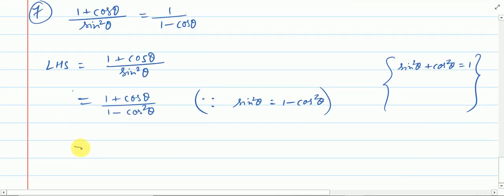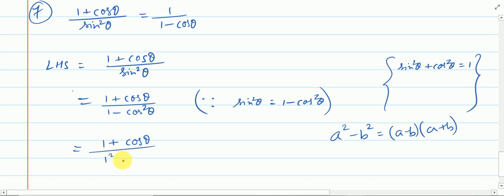Now try to recall this formula: a square minus b square is equal to a minus b into a plus b. We have one formula like this. So here, if you see the denominator, can we write it in this form, 1 square minus cos theta whole square?